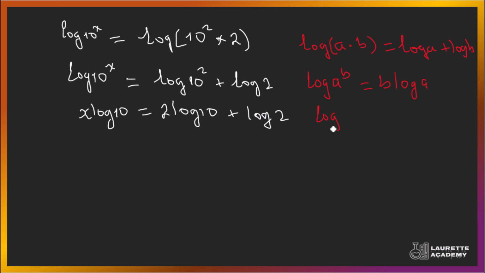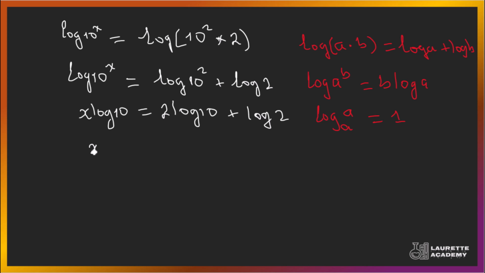Good. Now we also know that log a base a is equal to 1. So we apply that to this log here. Remember, when we write log without the base here, it implies log base 10. So the base here is 10. So a here will be 10, and this other a, the base, will also be 10. So log 10 base 10 is 1.